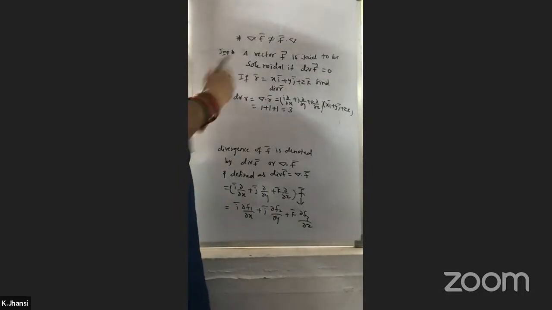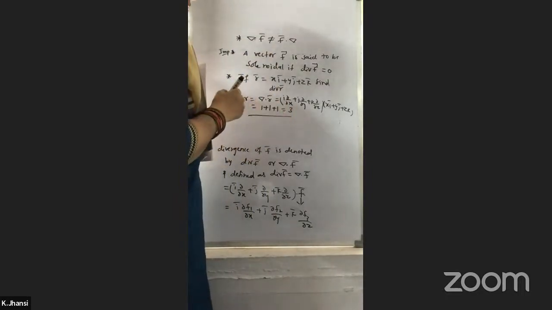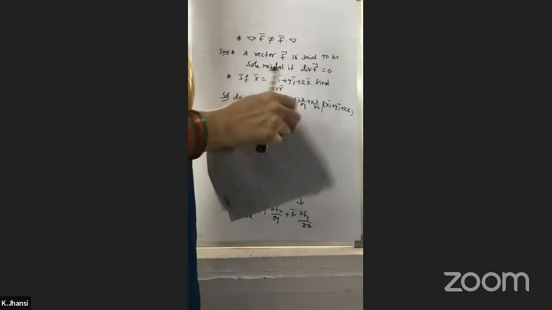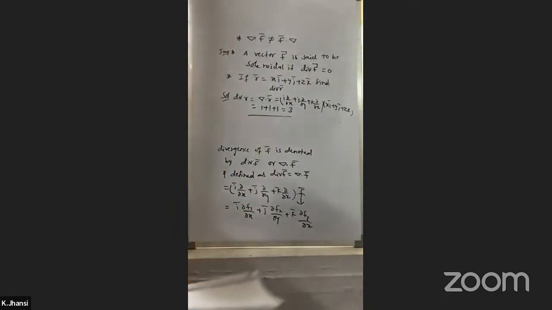Like this you have to solve the problems. See the example problems in your textbook and solve them. Next week we'll see the other units. So this is the divergence of the vector. Gradient is for the scalar point function and divergence is for the vector point function.